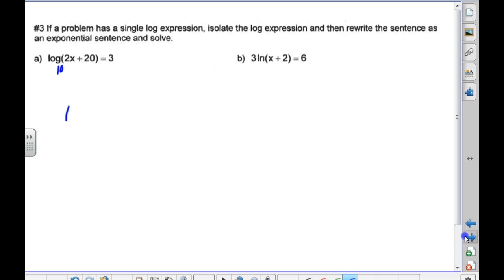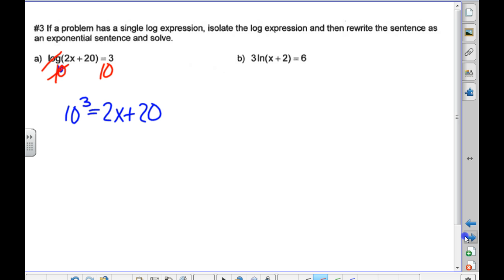So I'm going to say that this is 10 to the third equals 2x plus 20, okay? When they teach it in Algebra 2, sometimes they do this. They say, I'm going to exponentiate both sides, so I'm going to make this 10 to this power and 10 to this power, and the 10 and the log take care of each other over here. So you have 2x plus 20 equals 10 to the third. Is that exactly what I did? Yeah. Okay, but whichever way you want to think about it.